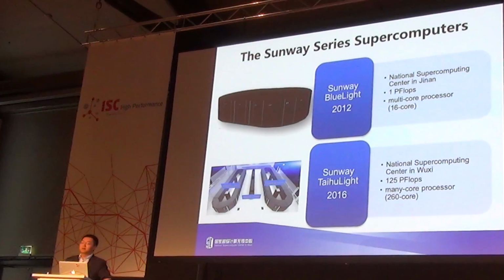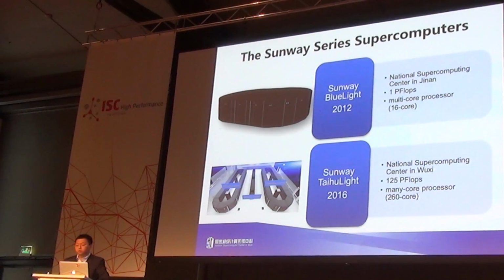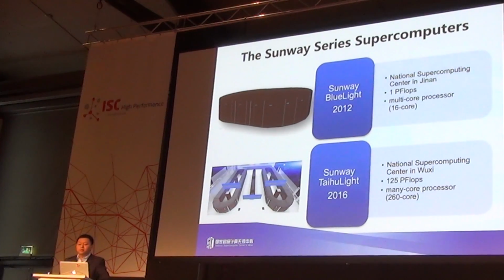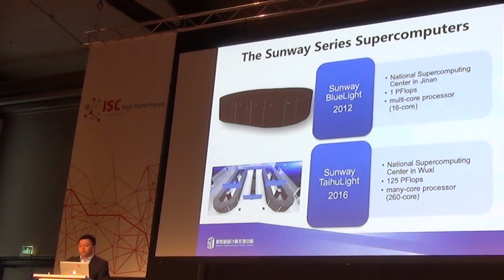That's roughly 2 orders of magnitude improvement in 4 years' time, which is a pretty big jump in both performance and efficiency. We also see a major change in the architecture. Instead of multi-core CPUs, this one uses a many-core processor with 260 cores in one chip.